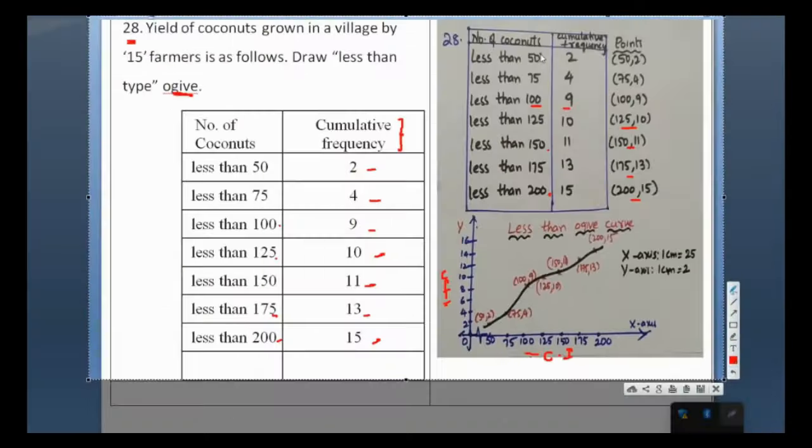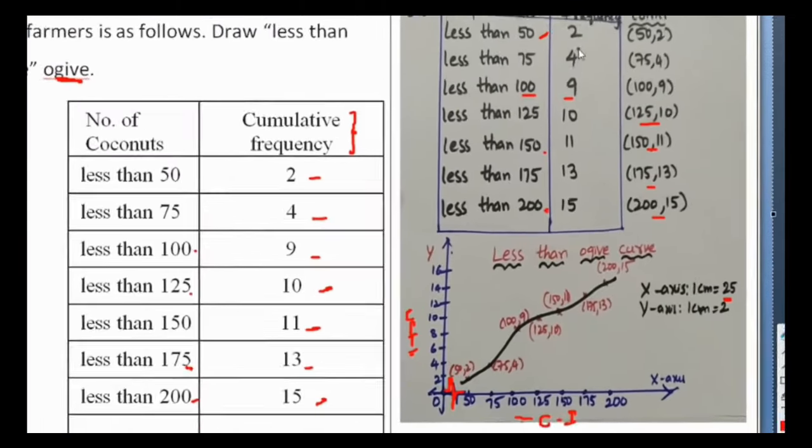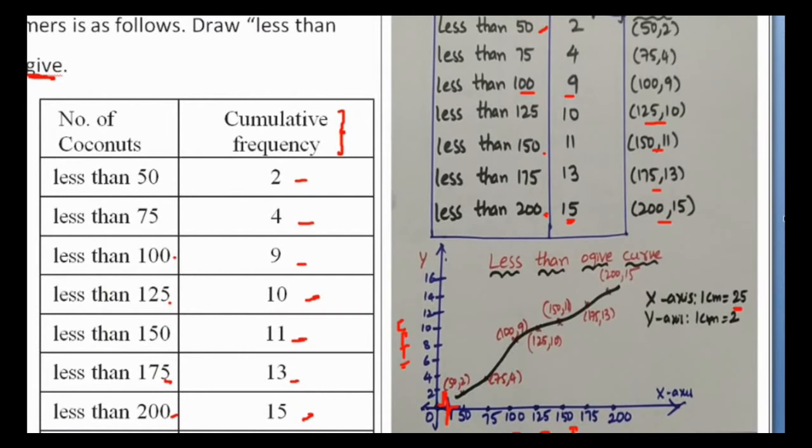As it is a less than ogive, the coordinates on the class interval axis start with 50. So we have to take 50, 75, 100 with a scale of 25 units. The y-axis should be the cumulative frequency. As the highest frequency is 15, we'll take the scale of 2, 4, 6, 8, 10, and so on till 16.